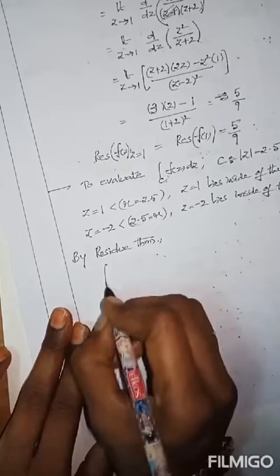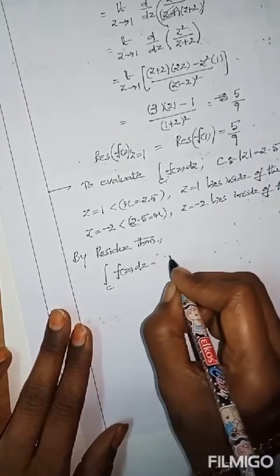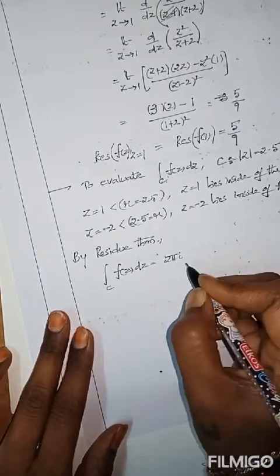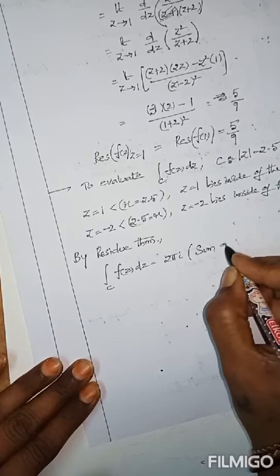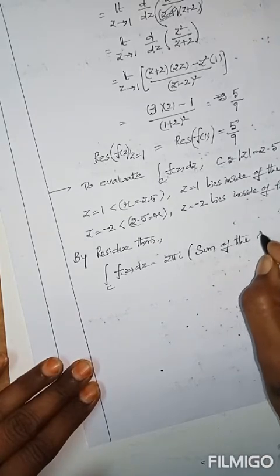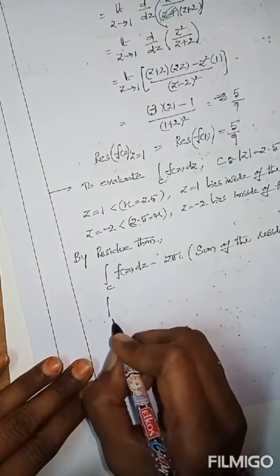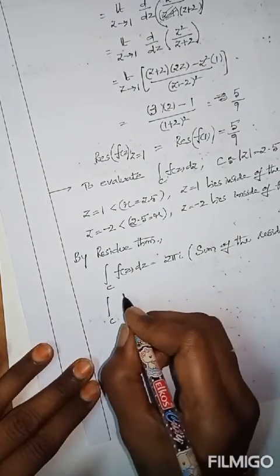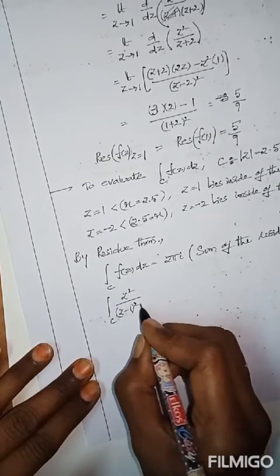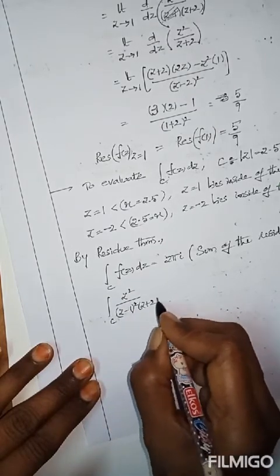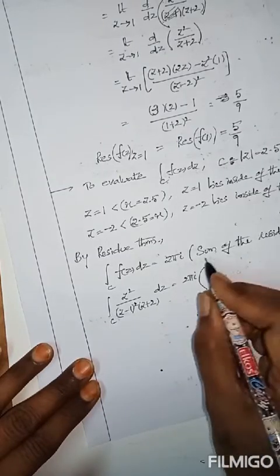Integral over C of f of z dz equals 2 pi i into the sum of the residues. This is the standard statement. Integral over C, in the present given question the function is z square by (z minus 1) whole square (z plus 2) into dz. 2 pi i times the sum of the residues.